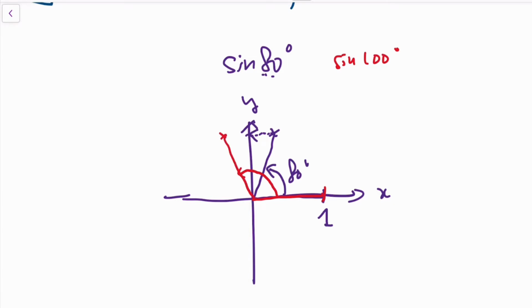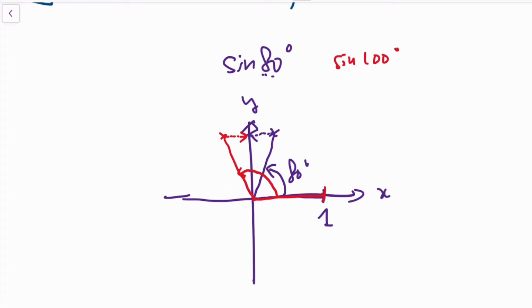So let's say the right angle is 100, and then sine 100, sine is defined to be the y coordinate. So it's here. So that is the value of sine 100. So that is properly defined now, and it required no triangle.